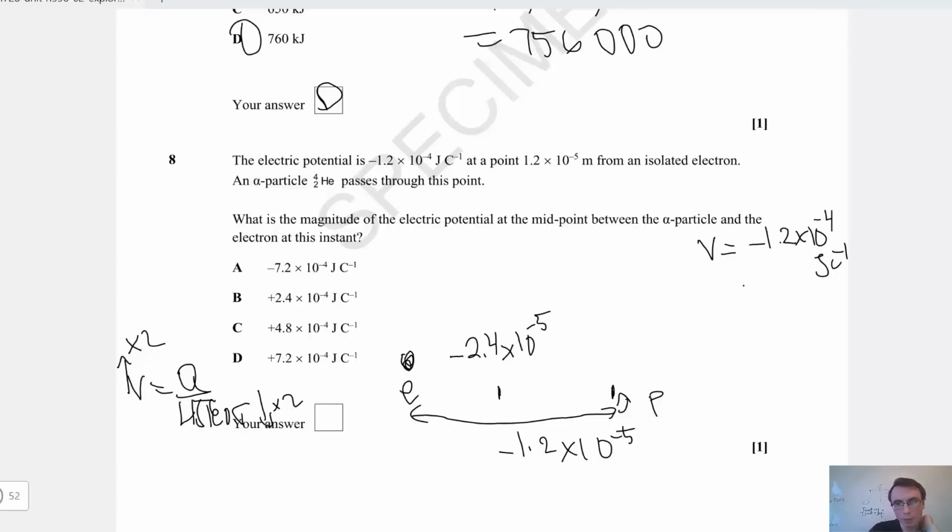Well, this potential will increase to 0. Now, what will happen if I place 2 protons? This will increase to plus 2.4 times 10 to the power minus 4. But what has the same electrical charge as 2 protons? An alpha particle. It will be identical to this. Therefore, the correct answer has got to be B.